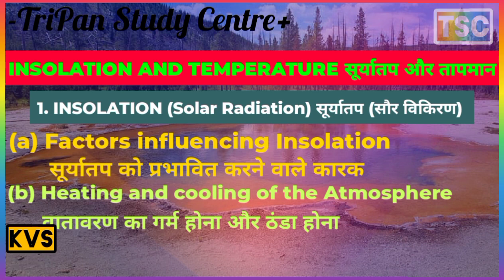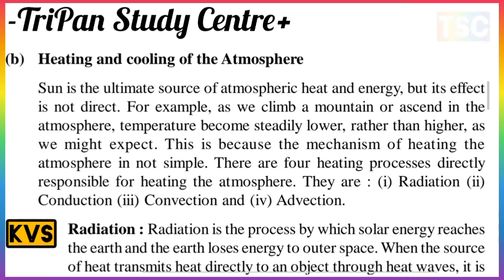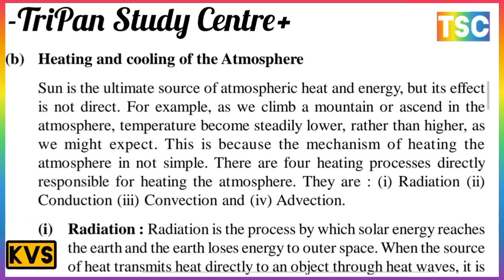The next topic here is heating and cooling of the atmosphere. There is an important phenomenon here. The Sun is the ultimate source of atmospheric heat and energy, but its effect is not direct. For example, as we climb a mountain or ascend in the atmosphere, temperature becomes slightly lower rather than higher as we might expect.